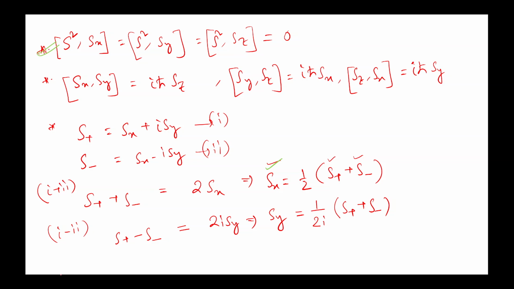From this expression, Sx you can write as half S plus S minus, and Sy you can write as 1 by 2i S plus S minus.